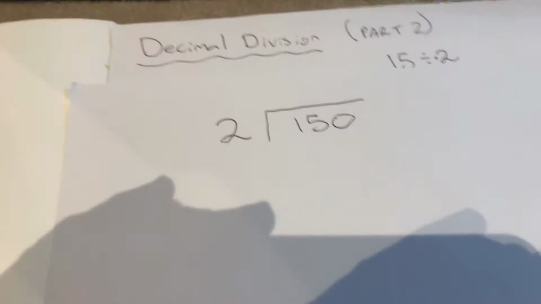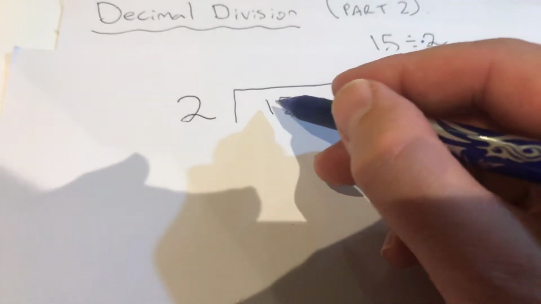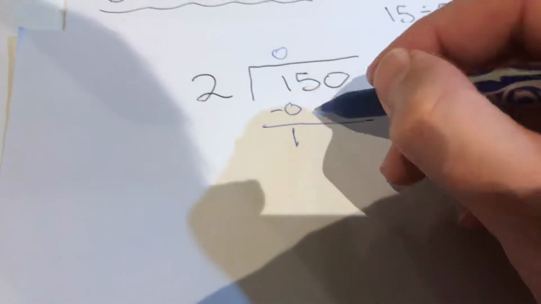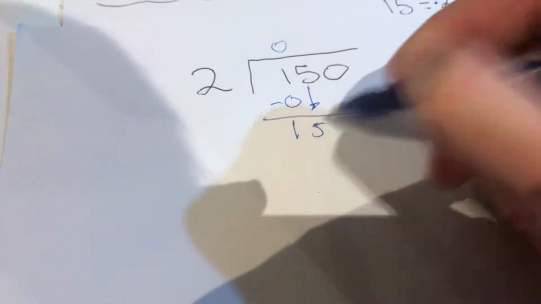And just to show you that, 150 divided by 2. 2 goes into 1 zero times, so 1 subtract 0 gives me 1, bring down my 5, 15.